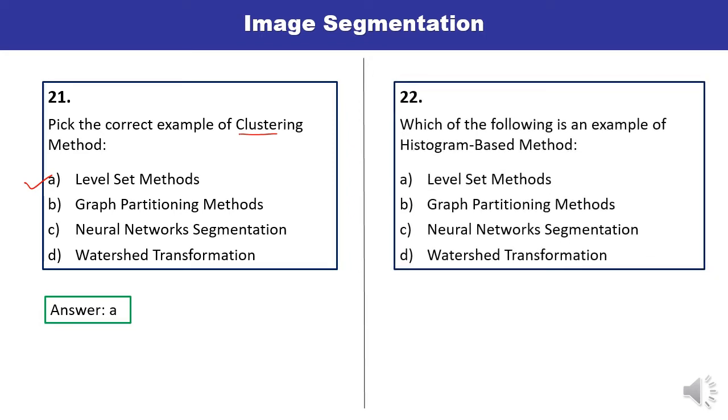Question number 22 is, which of the following is an example of histogram based method? See, a number of things will look similar, but you have to read it very carefully. Example of histogram based method: level set method, graph partitioning, neural network segmentation, or watershed. So this is actually graph partitioning method. Answer is B.